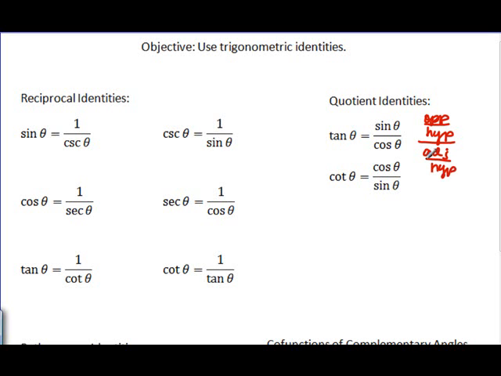Well, when you multiply by the reciprocal, the hypotenuse expression will divide out, and you're left with opposite over adjacent, which is the way we define tangent. So in terms of sine and cosine, tangent is really sine over cosine, and therefore the reciprocal, cotangent, is cosine over sine.